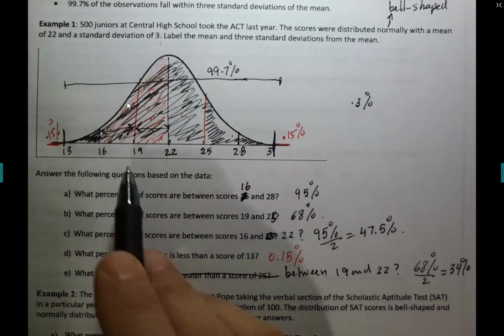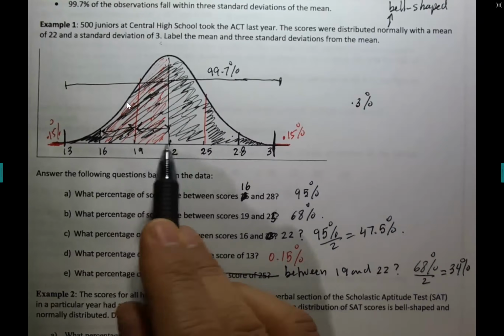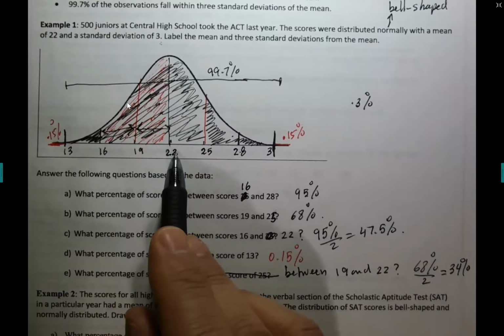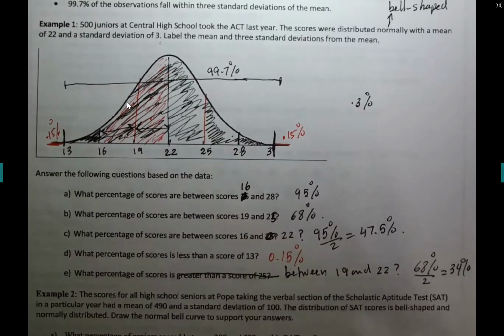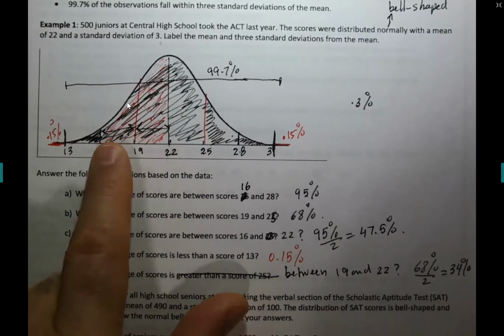Yeah, look, guys, from 19 to 22, I only have 1 standard deviation. The difference between 19 and 22 is 3, and the standard deviation is 3. Once you get 1 standard deviation, it's 68% divided by 2, if you get 1 standard deviation below the mean.